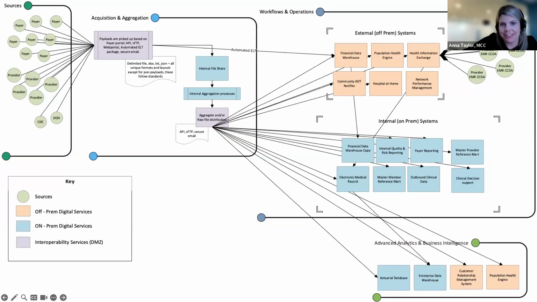The only thing you need to take away from this is that moving data around in healthcare is complex. There's lots of black spaghetti lines here. This is a footprint of how we move data around.